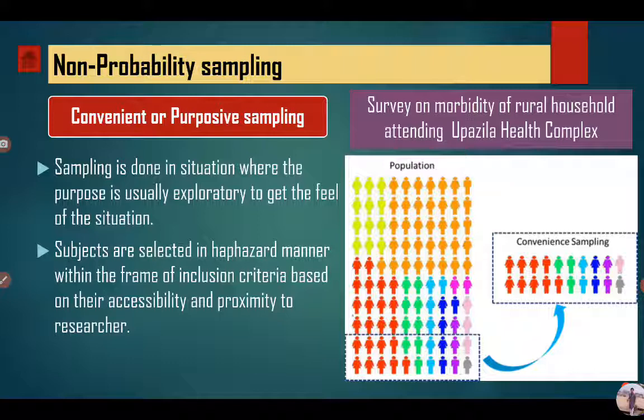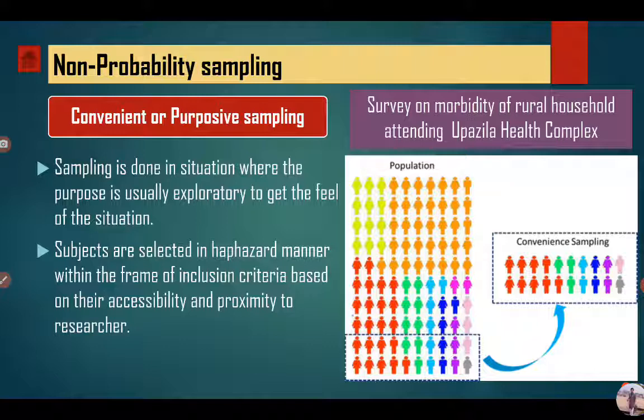Suppose there is a survey on the morbidity of rural households attending the Upazila health complex. The picture shows the population, and the researcher considered one end of the population for data collection, which he considered easier to access and closer to his or her place.